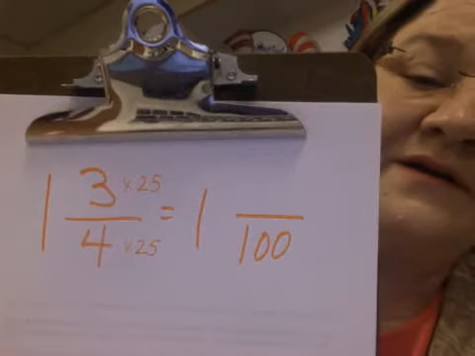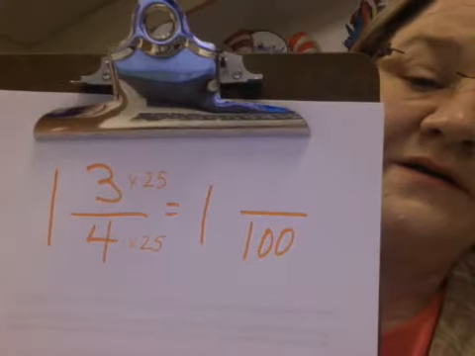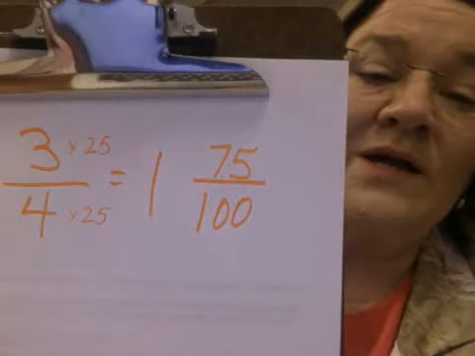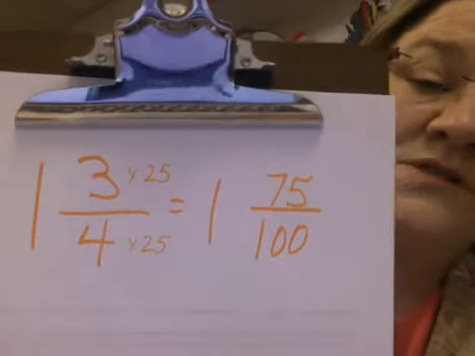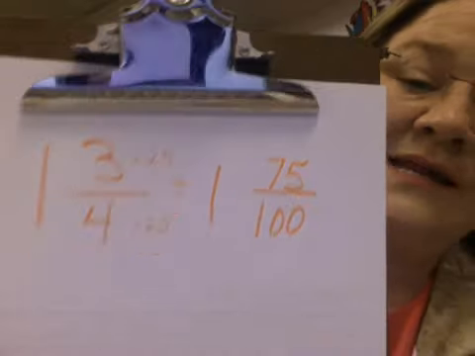And 3 times 25 equals 75. So there you go. That's our fraction. 1 and 75 hundredths equals 1 and 3/4. Now we'll write it in decimal form, and it will look like this.